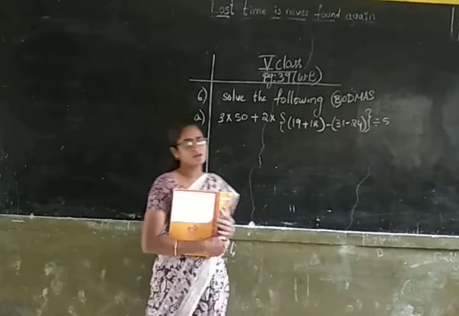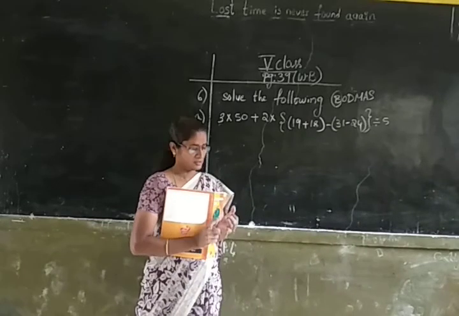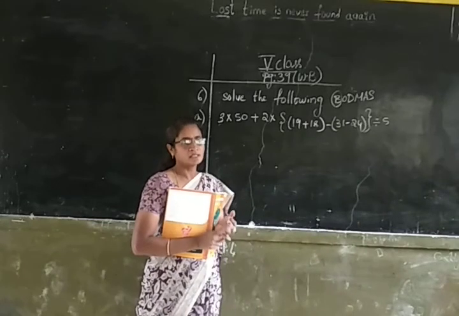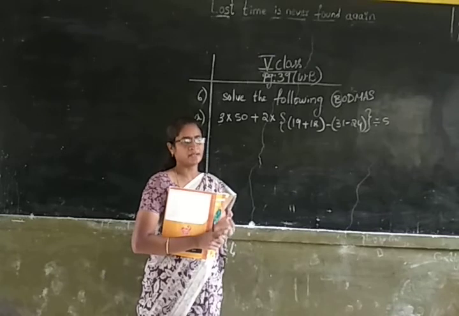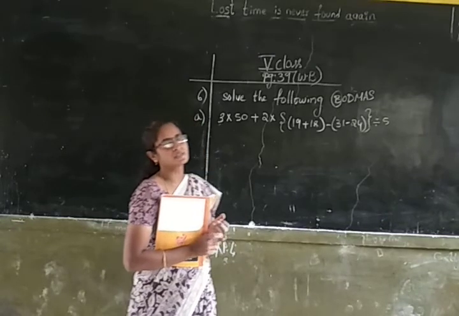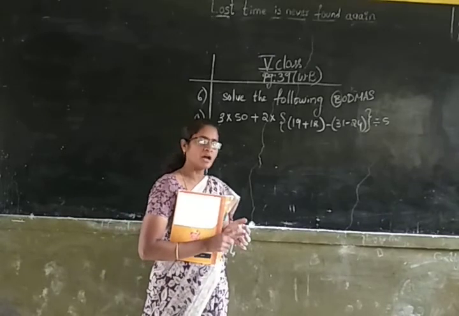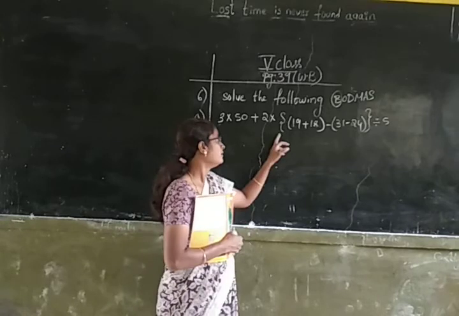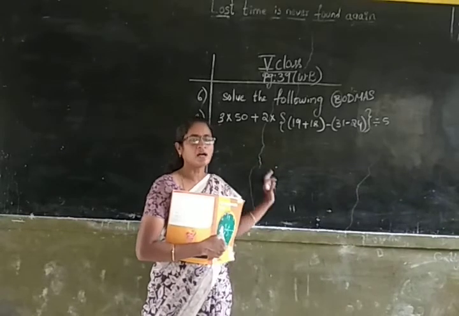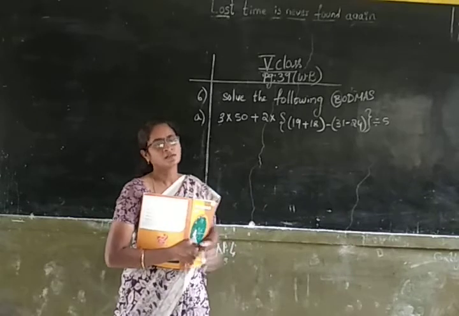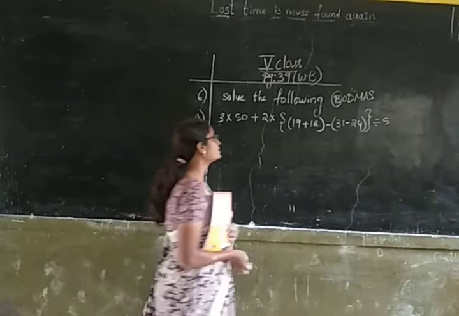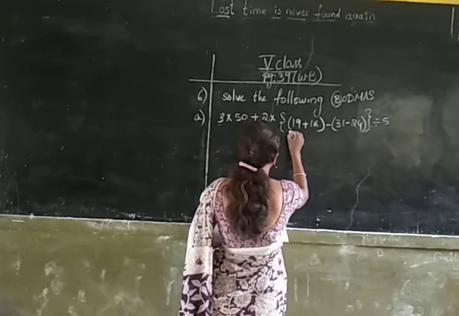In the brackets also there are three types of brackets: round bracket, curly bracket and square bracket. First we have to solve the terms in the round bracket, then the flower bracket, and at the last the square bracket. Now first let us solve the terms in the round bracket.